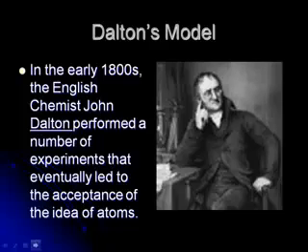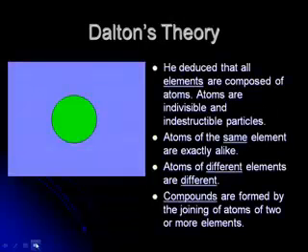Dalton was an English chemist, and he performed lots of experiments on his own, but again, he also pulled in some of the laws that were developed by other scientists, and he developed Dalton's theory. This is a very basic theory of the atom, and here it lists it in 4 parts.